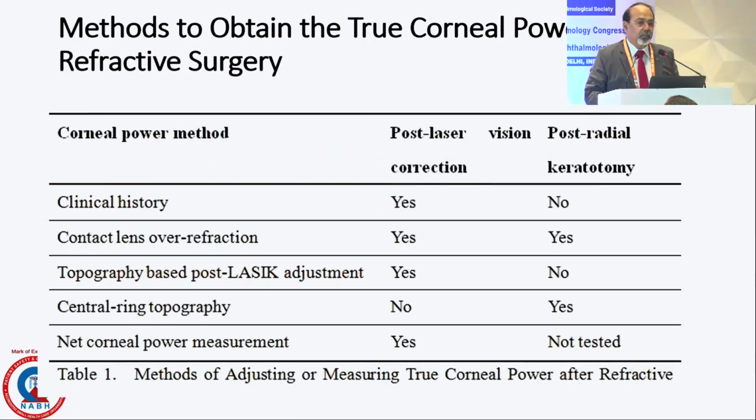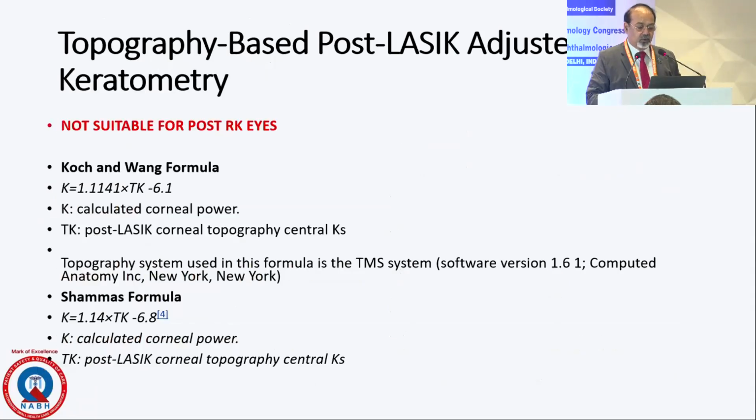There are many methods like clinical history, over refraction, topography based post LASIK adjustment, central ring topography and net corneal power measurement. Most of the methods give reasonably accurate results, but post radial keratotomy these things are not so well understood.